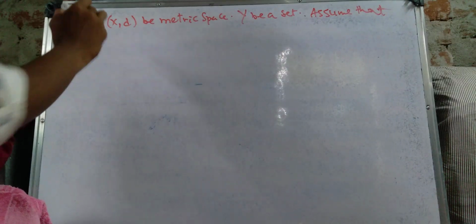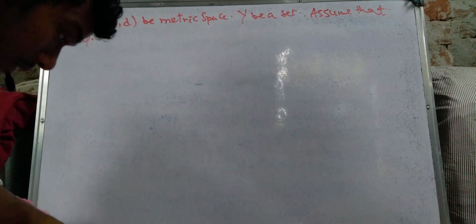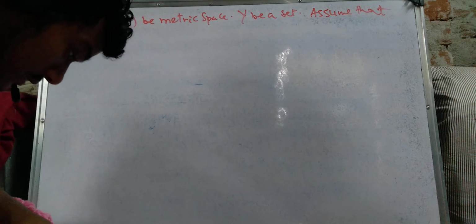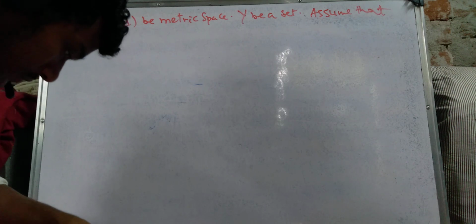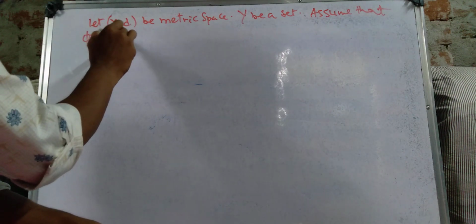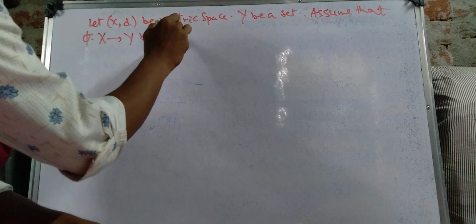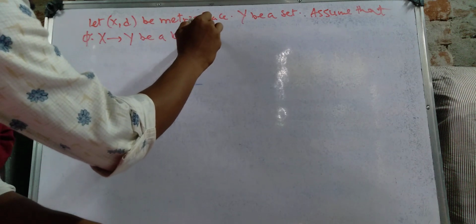Assume that phi from X to Y is a bijection.